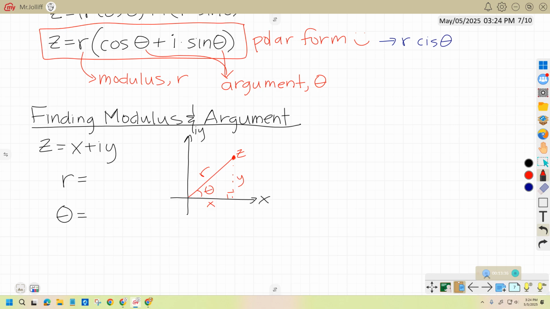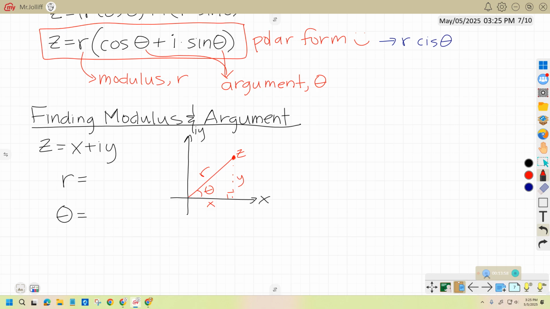Familiar picture. I have a point in the complex plane with an x-coordinate and a y-coordinate, x, y. I want to use that x and y coordinate to find r and theta. So first question, I have a right triangle. I have the legs of the right triangle. How do I find the hypotenuse r?